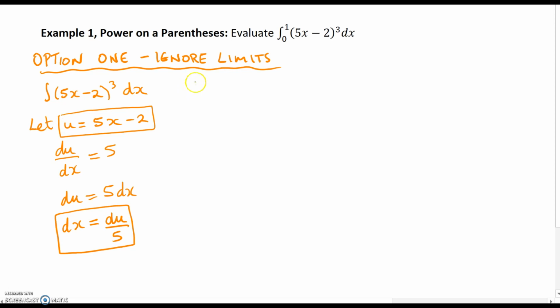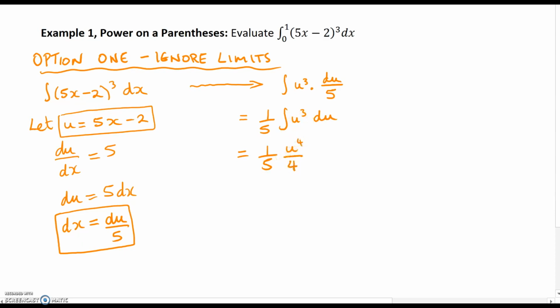Okay, now if we do that, then we get the integral. It's going to be u cubed times dx, which is du over 5. So that's going to be 1/5 of the integral of u cubed du, which is 1/5 times u to the 4 over 4.